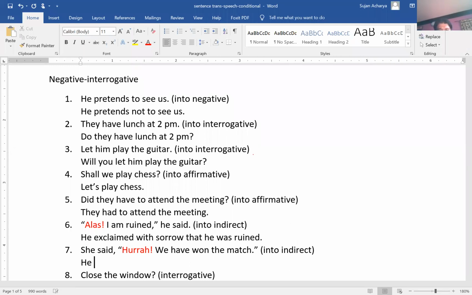He exclaimed with joy that they had won. Present perfect changes into past perfect. That they had won the match.